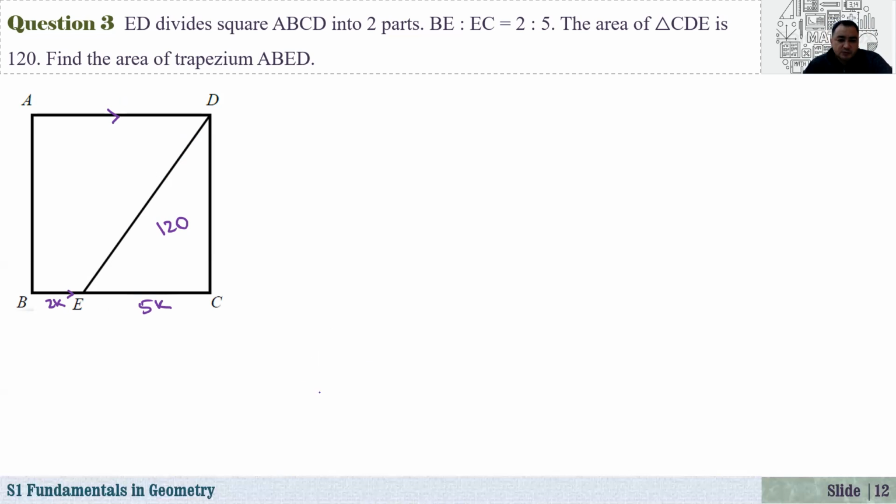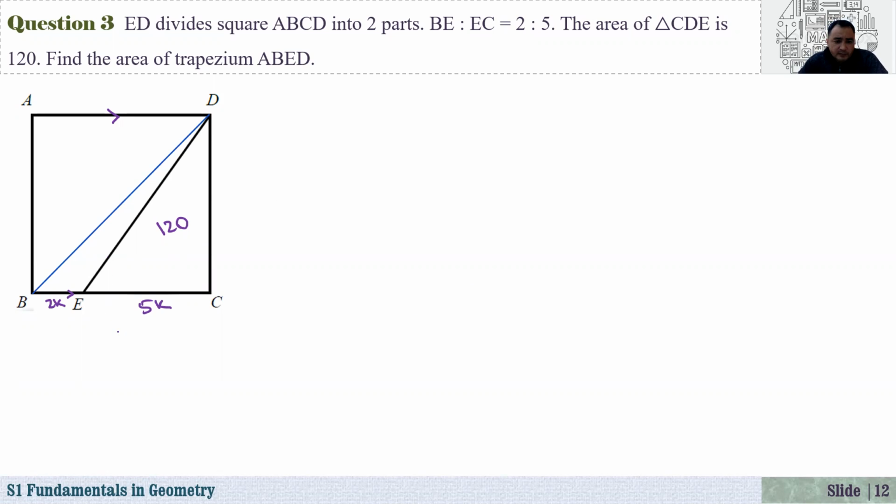Okay, so to do this one, again, I'm going to just draw a diagonal. Just change the color. Okay, blue. So from here, let me draw a diagonal of the square. And we know that the diagonal of the square bisects its area, divides it into two equal areas, right?